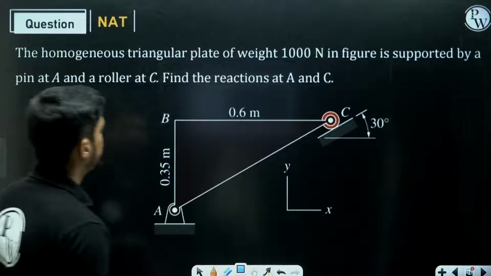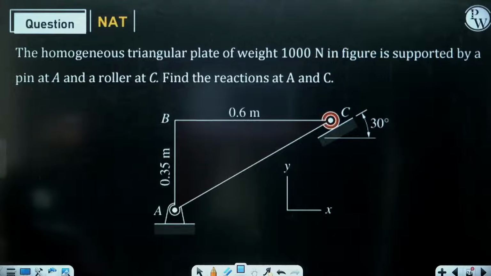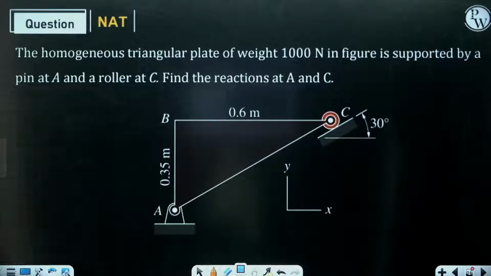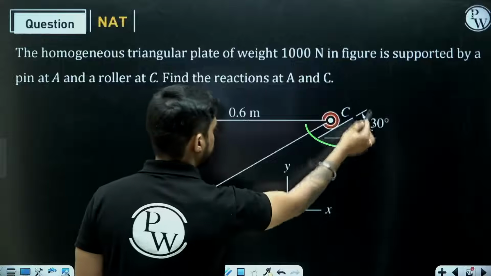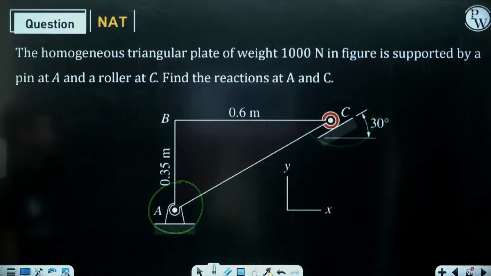The homogeneous triangular plate of weight 1000 Newton is supported by a pin at A and a roller at C. Find the reactions at A and C. So we have a triangular plate which is hinged at A and there is a roller at C. The plate has a weight of 1000 Newton.